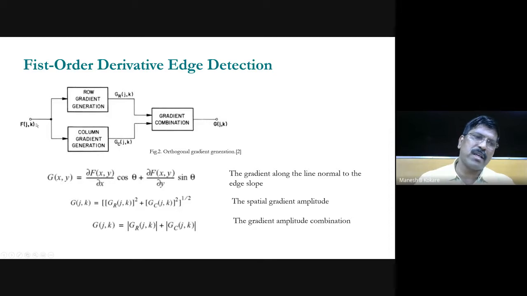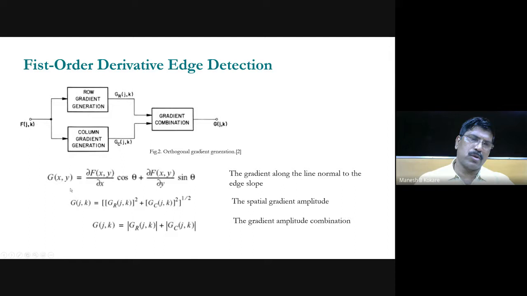On the same image, you have to apply this gradient in the x direction as well as in the y direction, and then combine them to get the final resultant. You will get the magnitude image of the edge as well as the edge angle.